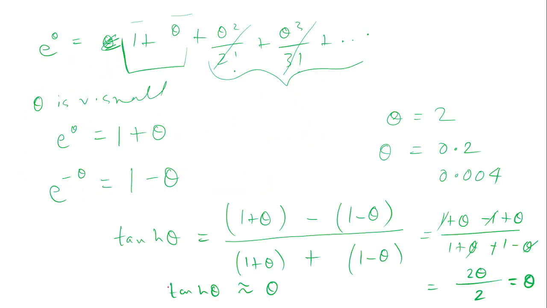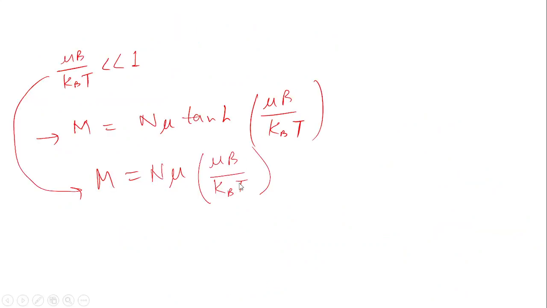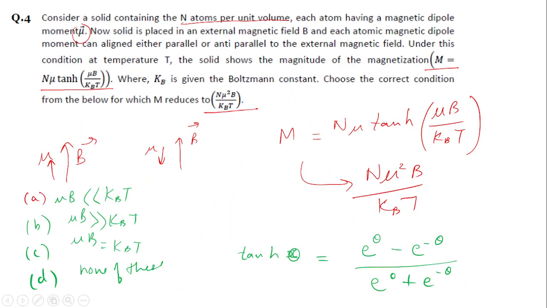This is what we derived. Tanh theta will be just theta, and this will be n times mu square B divided by k_B T. This is the same thing that was given in the question.